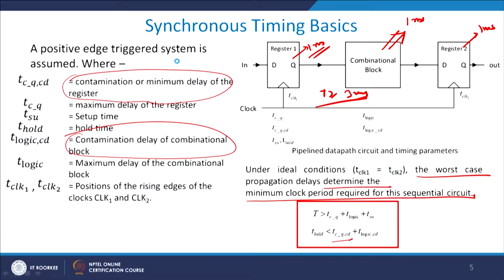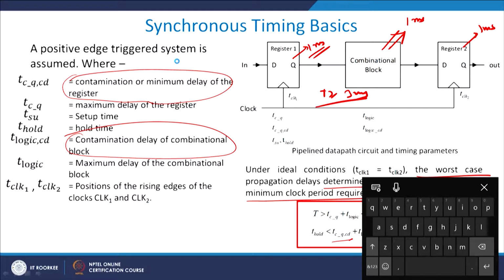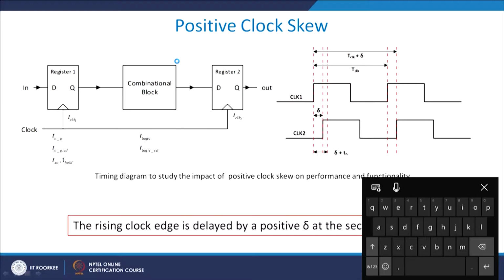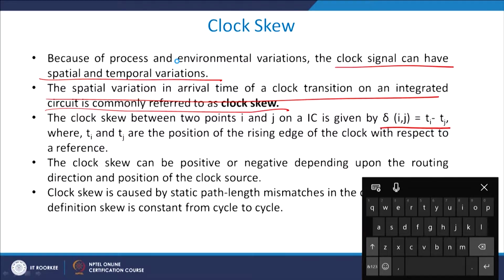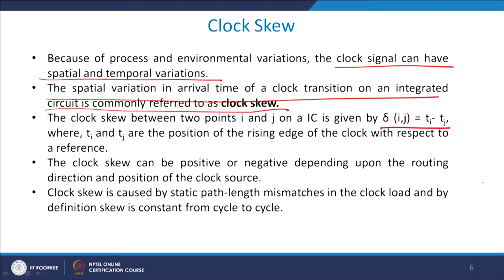Now you see that the spatial variation in the time of arrival of the clock transition on an IC is referred to as clock skew.